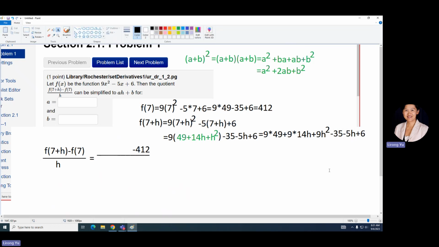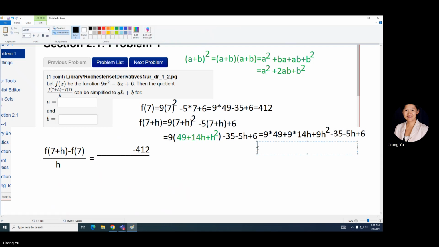This is expanding it without parentheses. See? All right, and then we realize 9 times 49 minus 35 plus 36, that's 412. So the number term equals 412.